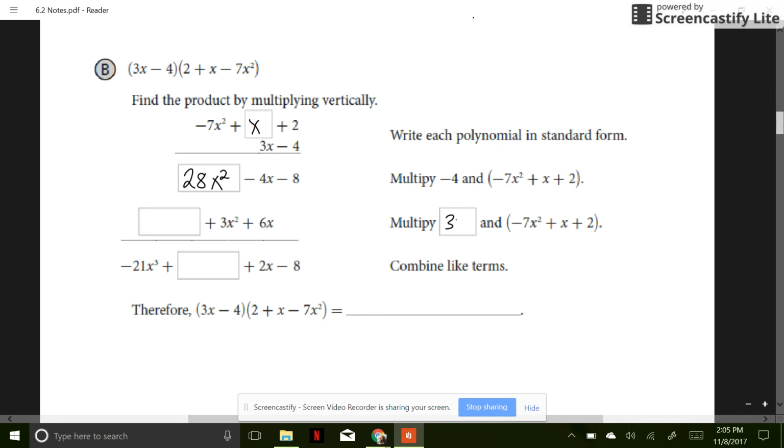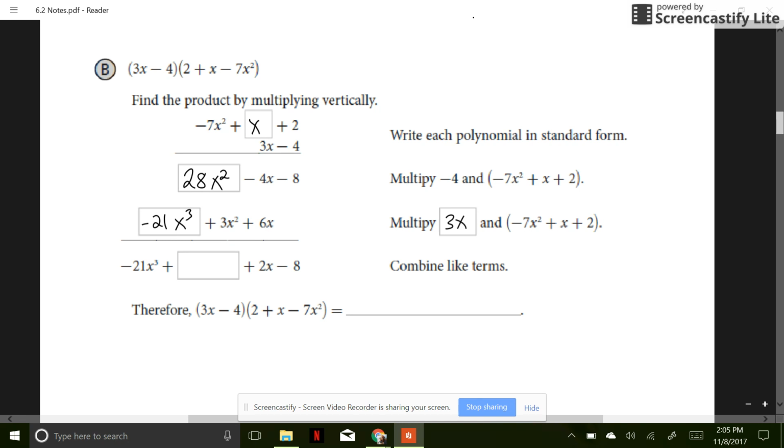That means we have to multiply then 3x by that whole top equation. So 3x times 2 gets you 6x. 3x times x gets 3x squared. 3x times negative 7x squared should get you negative 21x cubed. Now we can just add down with the powers.